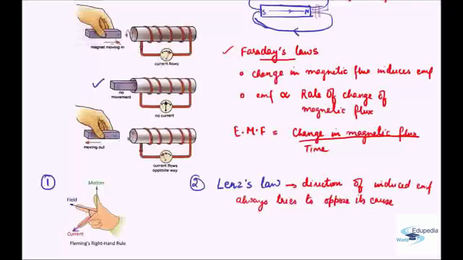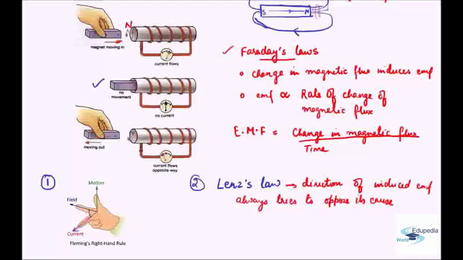Okay, what this means is I will discuss it through this example. Here what is happening, you are bringing the north pole close to this end of the loop, as a result, basically you are inserting the north inside. Lenz's law states that the system will try to oppose this. In order to oppose this, this end should develop a north pole, isn't it?